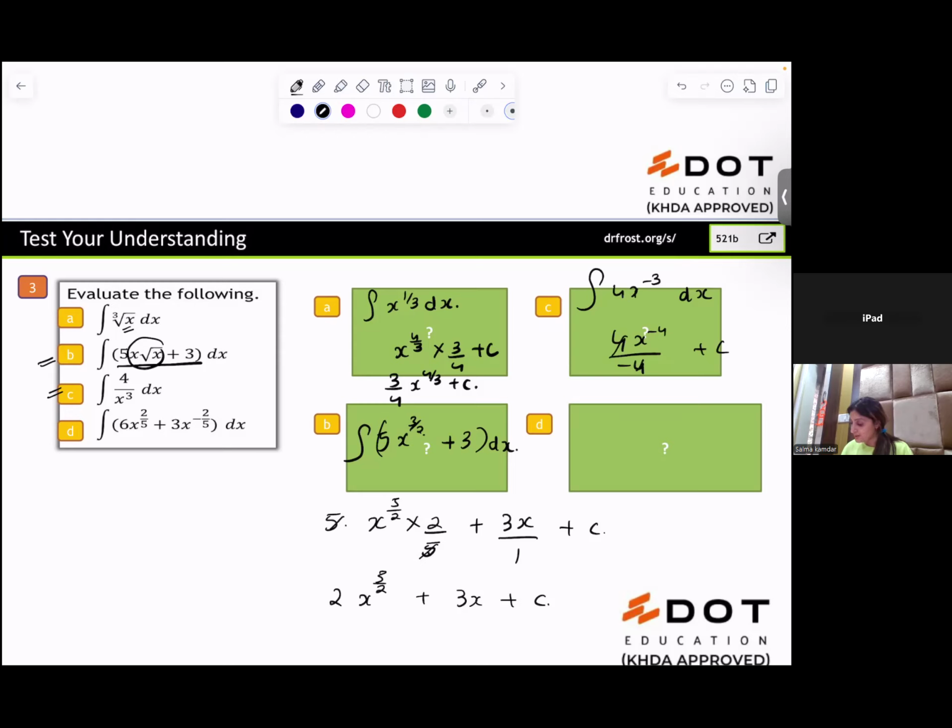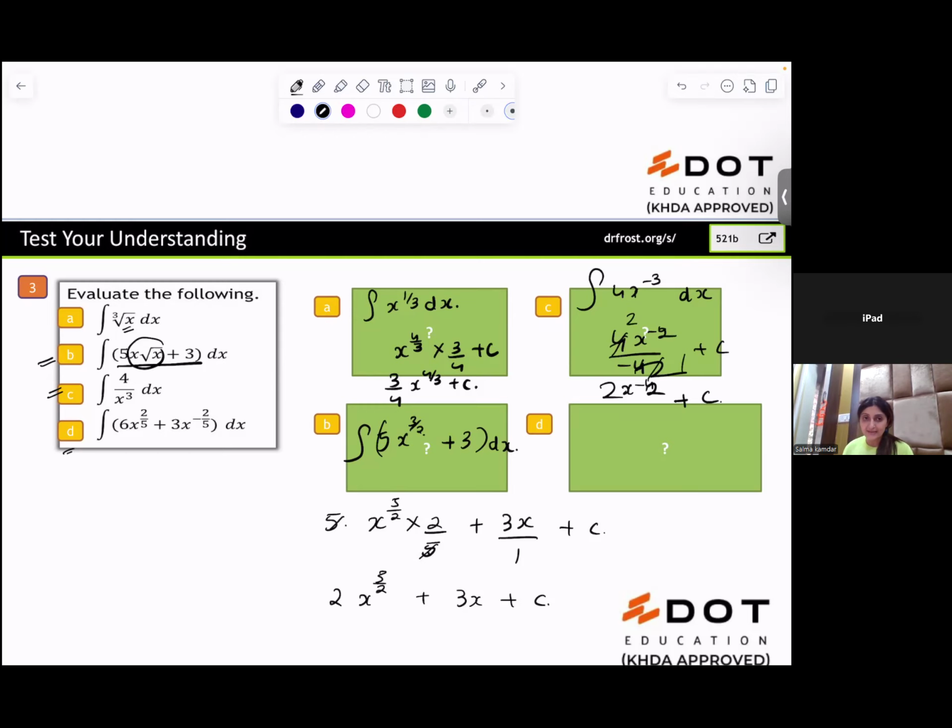Okay, add 1 to the power divided by the new power plus c. Check what it's going to give you. It's going to give you x raised to, okay, I'm adding 1 to the power, so it becomes minus 2. Sorry, my bad. It's going to become 2 x raised to minus 2 plus c.